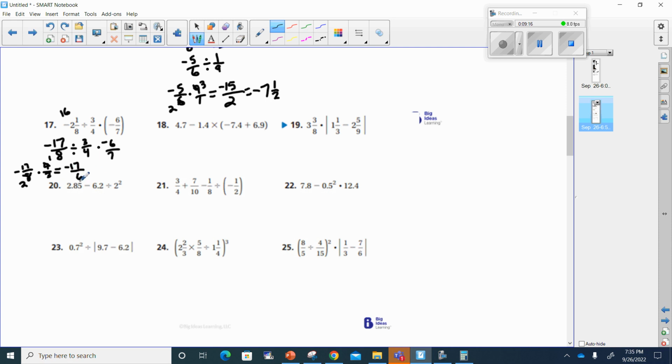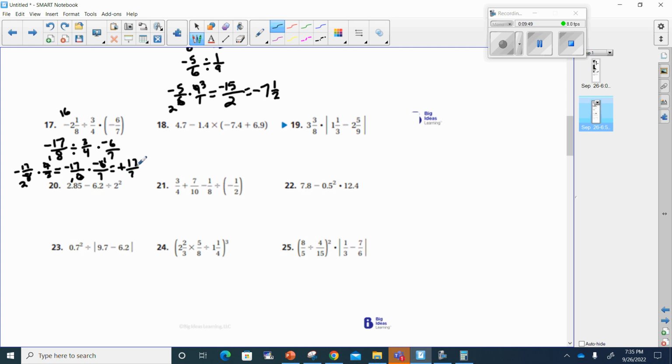And now I have -17/6 times -6/7. All right. Well, a negative times a negative is a positive. I know that I can divide the 6's out, and leave 1 there. 6 divided by 6 is 1 for both of these. And that's going to give me 17/7.